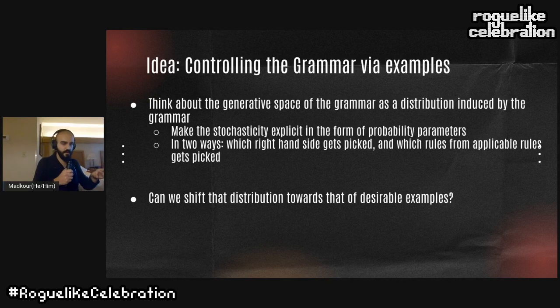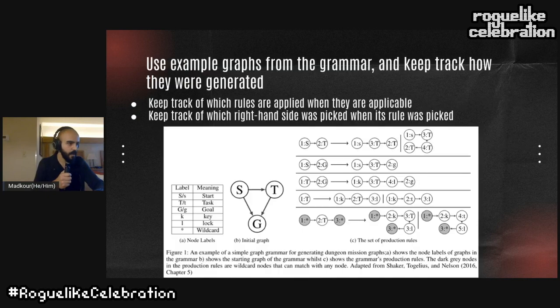And then there's the other level of stochasticity, which is, out of all the rules that you can apply, which ones do you pick, right? If we can parameterize that, can you use that to shift the distribution towards that of the desirable examples, the places in the region that you want?